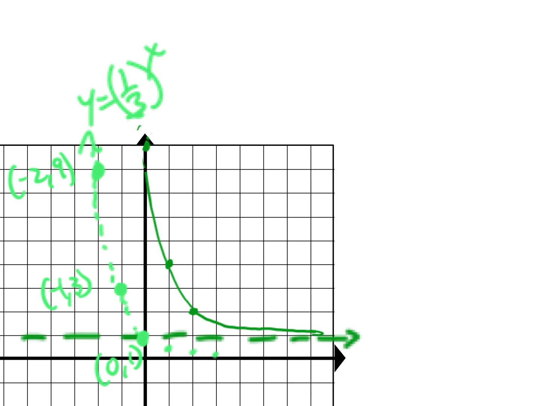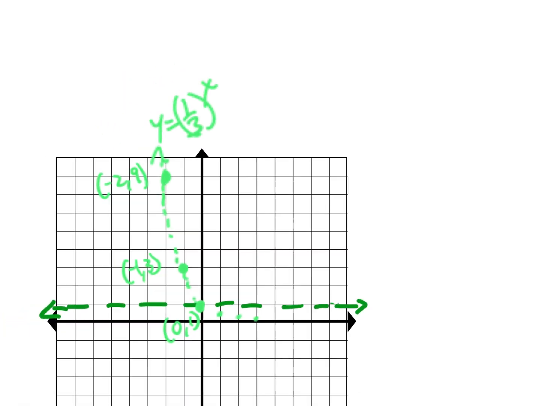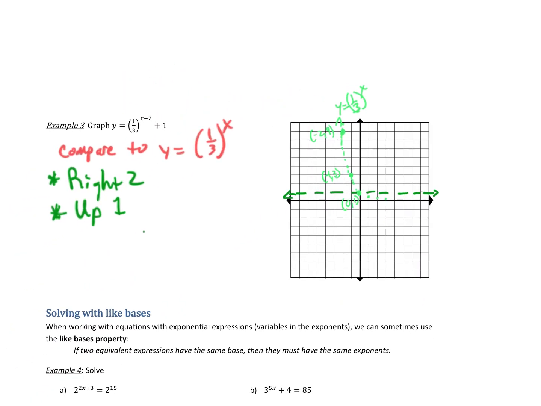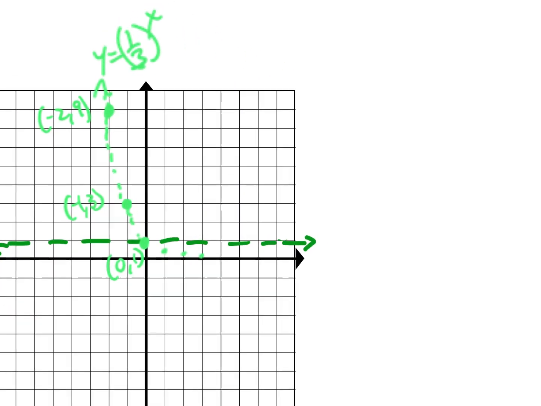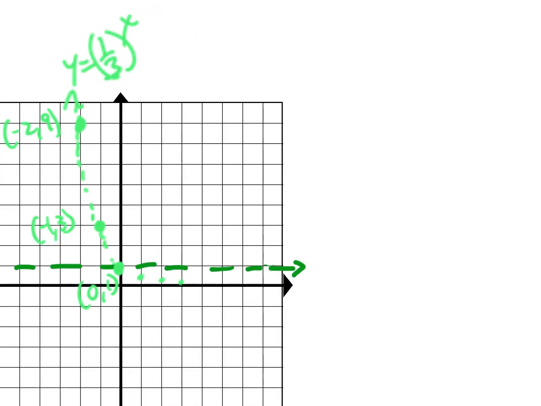Okay, now another method here. Let me erase that real quick here. The other option is this. We know the whole thing goes right 2. So I'm going to take my axes and I'm going to move that right 2. Now, this is just a reference.